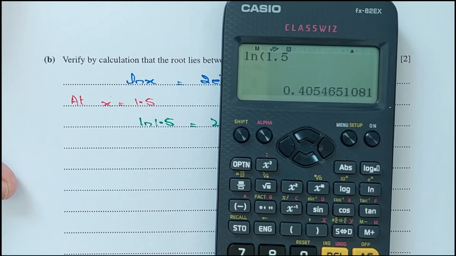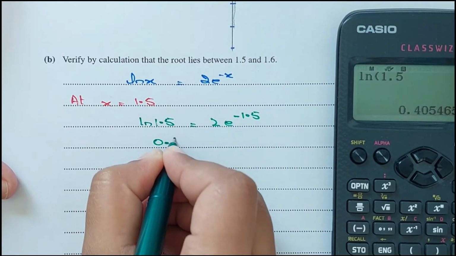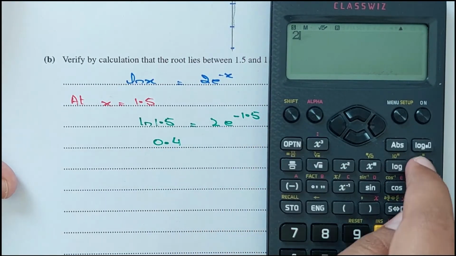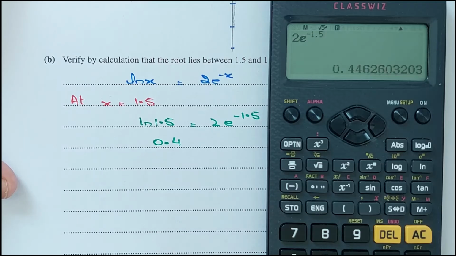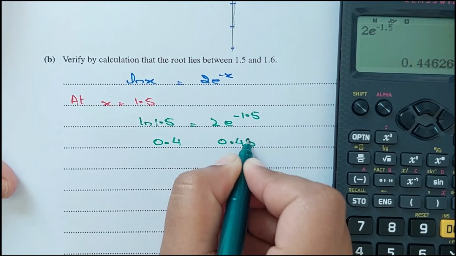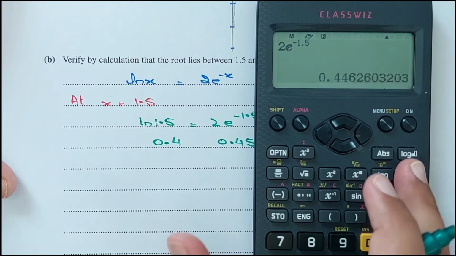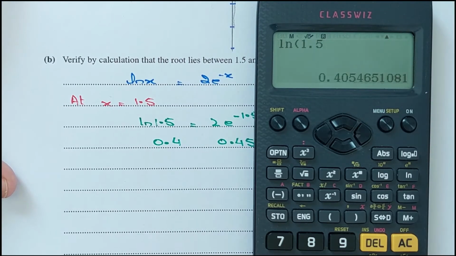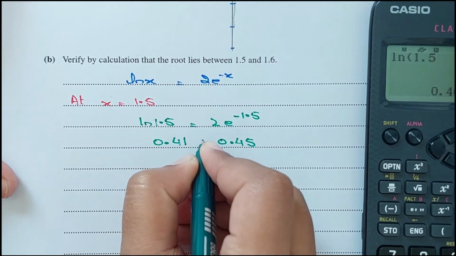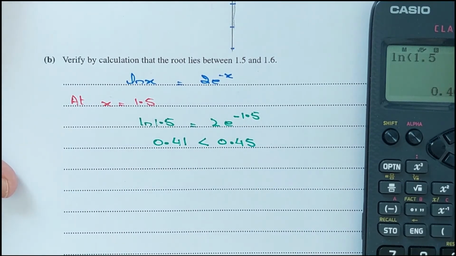This is 0.4, and we have 2e power minus 1.5 is 0.446, 0.45 if we round to 2 decimal places, and ln of 1.5 is 0.41. So 0.41 is less than 0.45, right?